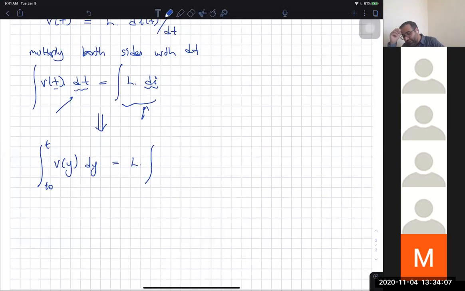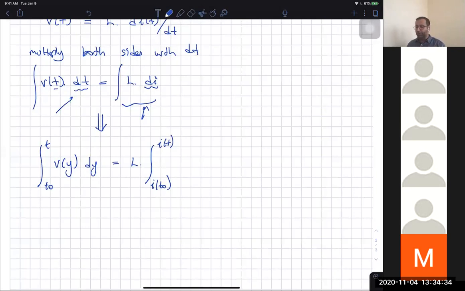And then for this side of the equation, now this integral depends on current. So I should define the initial and final values in terms of this current. Like we said for the left-hand side, the time will start from t0. So I should say I will be using the value of the current at t equal to t0, and then I will calculate this up to I of t.